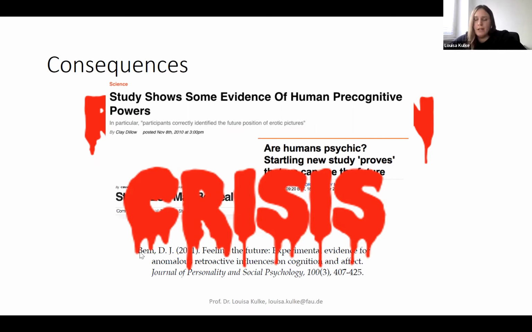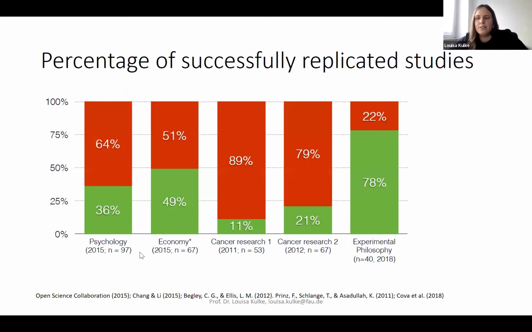And yeah, now some of you might say, okay, but replication crisis, that's just a problem of psychology or just a problem of social sciences or whatever. But there are so far actually several analyses that show it's a problem of lots of different sciences. For example, in psychology, it was shown that about 36% of papers could be replicated.